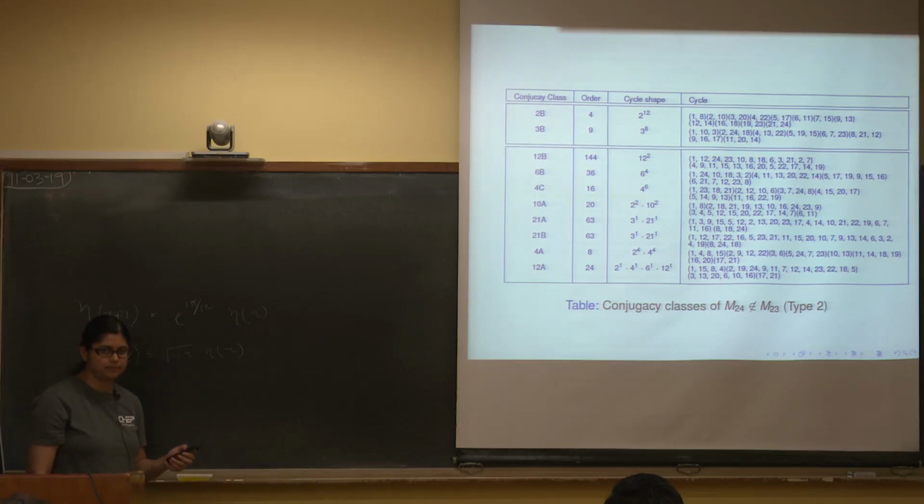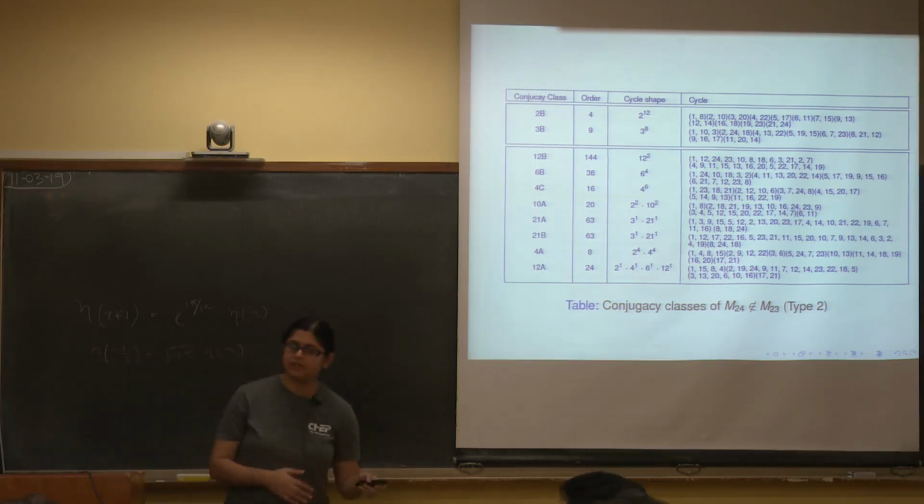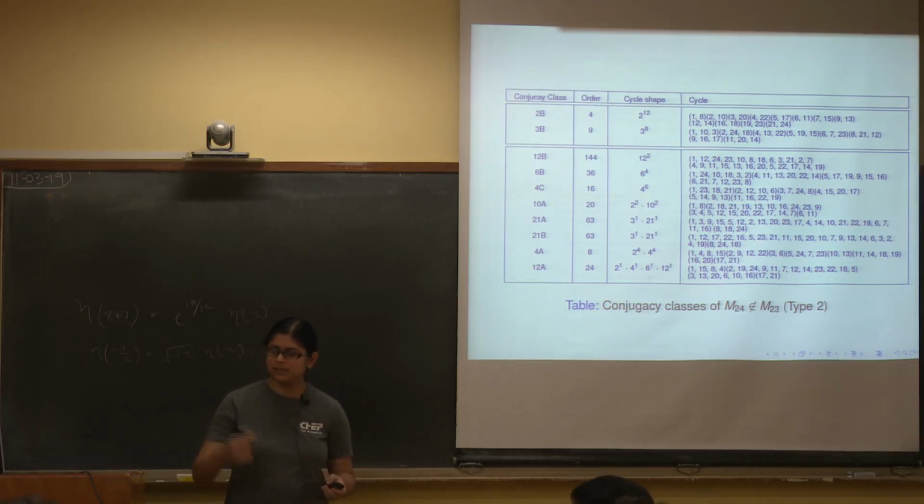Is there a definition of M24 that is easy to say? M24 definition? Or M23, what does it mean? Because you mentioned that one of the objects is kept fixed. Yeah, M24 is a subgroup of S24 only. Okay. In S24 itself, if you keep one of the objects fixed, then also you will get a subgroup.